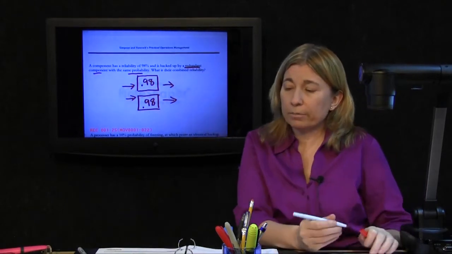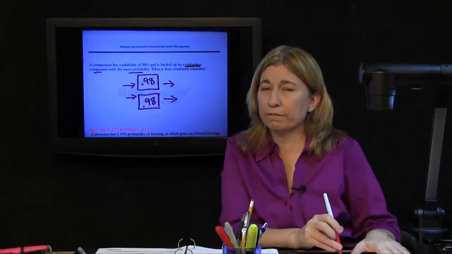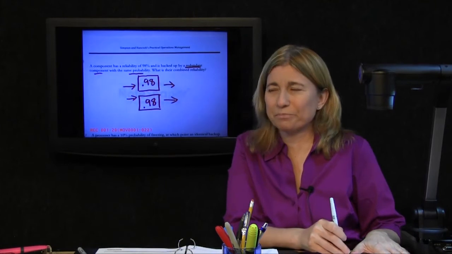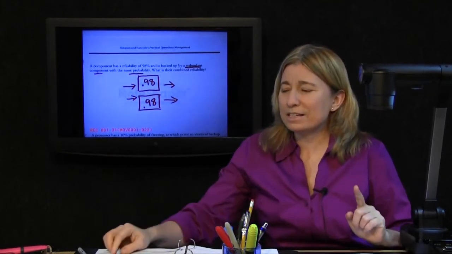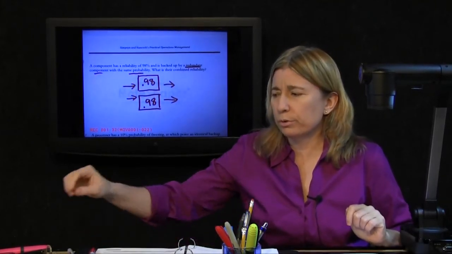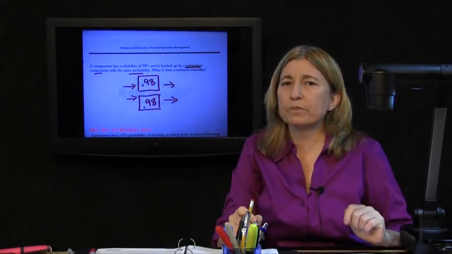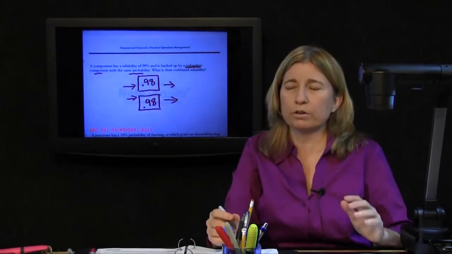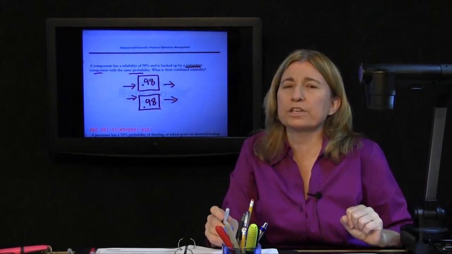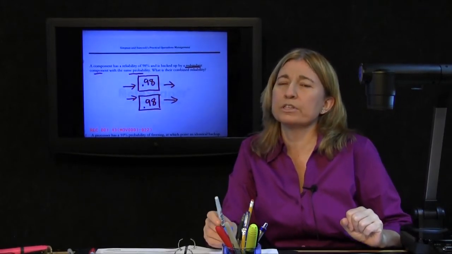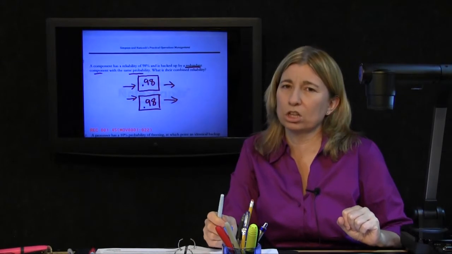All right, now calculating the effect of redundancy. The easiest way to assess the effect of redundancy, if you want to know the reliability of the overall system, is to first calculate the probability that the system will fail.